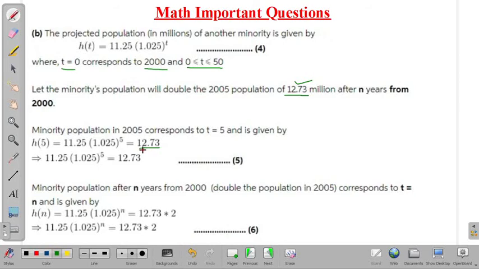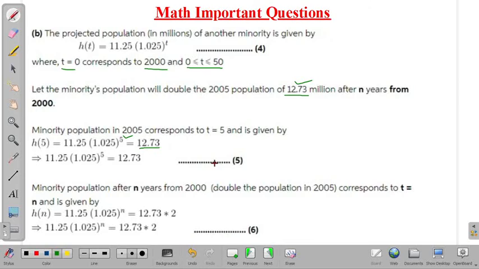We have replaced t by 5 here, so we get the equation 11.25 times 1.025 to the power 5 equals 12.73. Suppose this is equation number 5.